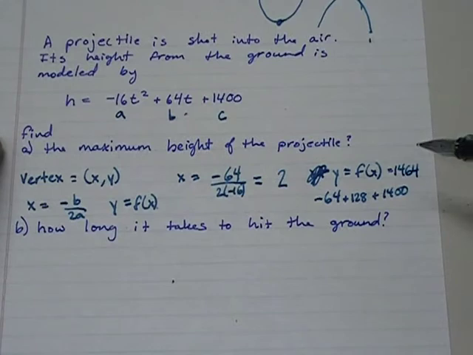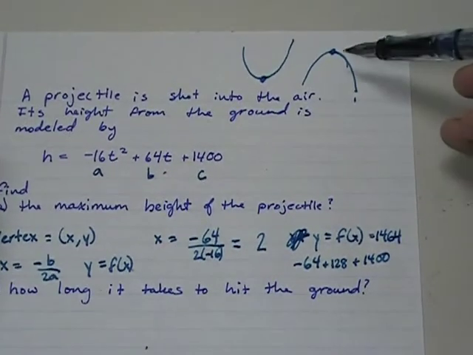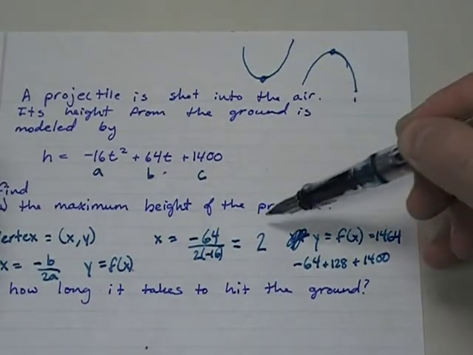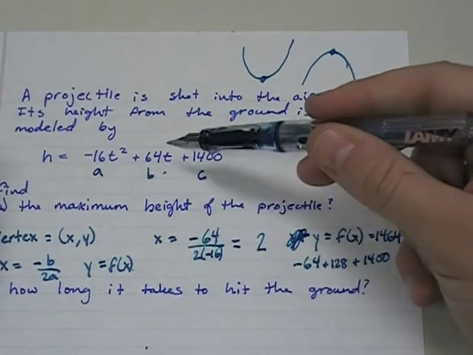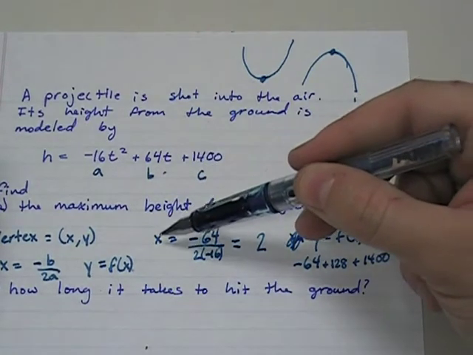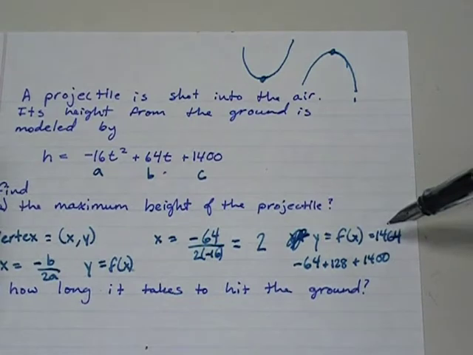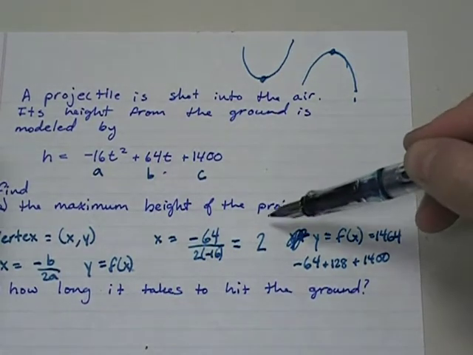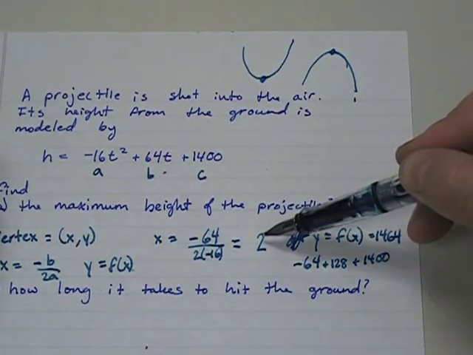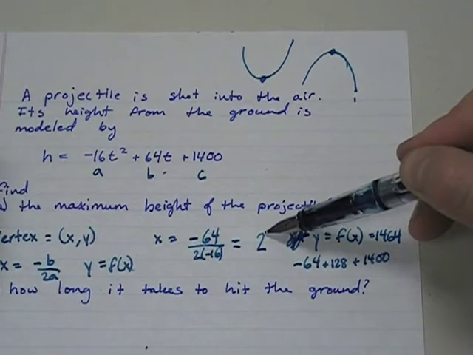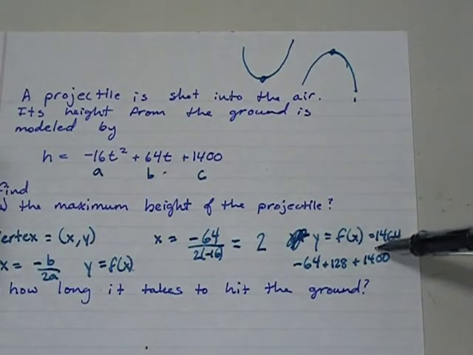Now what does that mean? That means that the vertex of this parabola, remember your x-axis will be time, your x-coordinate is 2, your y-coordinate is 1464. That means 2 seconds after the projectile is fired, it is at a height of 1,464 feet.